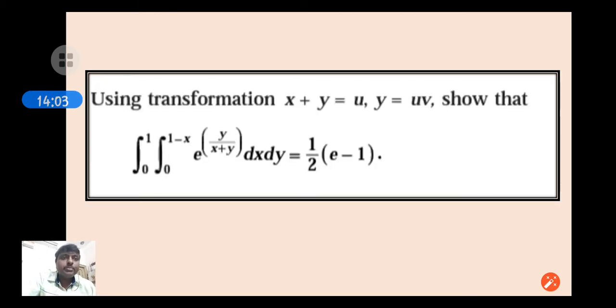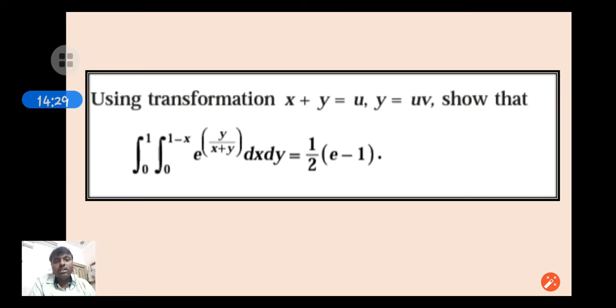Using the transformation x plus y is equal to u, y is equal to uv, show that the integral 0 to 1, 0 to 1 minus x, e power of y by x plus y dx dy is equal to 1 by 2 into e minus 1.